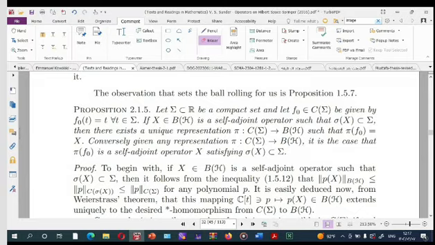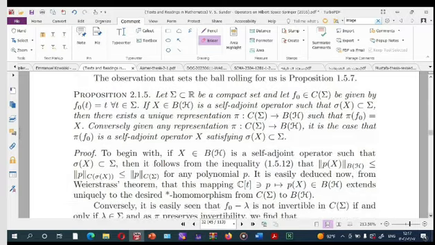If X belongs to B of H is a self-adjoint operator such that the spectrum of X is a subset of sigma, then there exists a unique representation P from C of sigma to B of H such that P of f0 equals X. And conversely, given any representation P from C of sigma to B of H, it is the case that P of f0 is a self-adjoint operator X satisfying sigma of X is a subset of sigma.